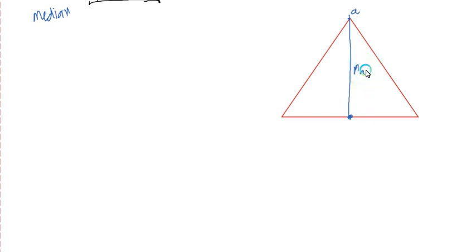To find the median, the equation we will use is: the median is equal to 1/2 square root of 2b squared plus 2c squared minus a squared. Take note: 2b squared plus 2c squared minus a squared. Take note of how the sides of a triangle are labeled.